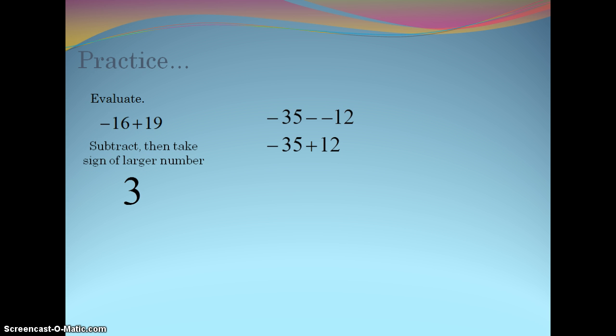Then it just becomes adding a negative and a positive number. So when I add a positive and a negative number, I need to subtract, then take the sign of the larger number. 35 minus 12 is 23. 35 has a negative on it, 12 does not. 35 is the larger number, so I need to take the sign of the 35. So I will have a negative 23.